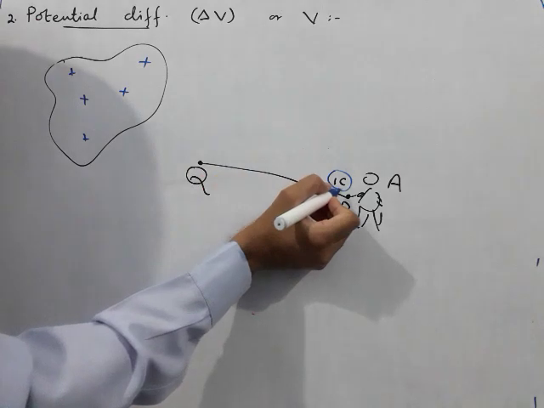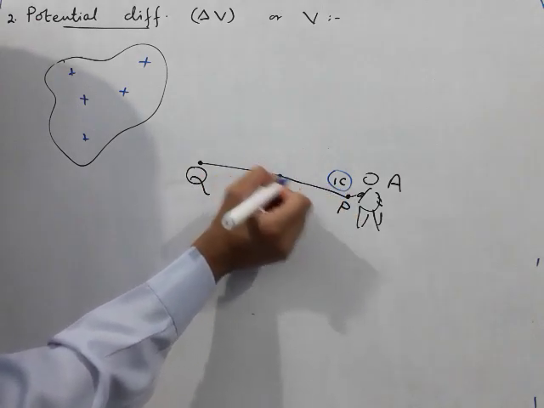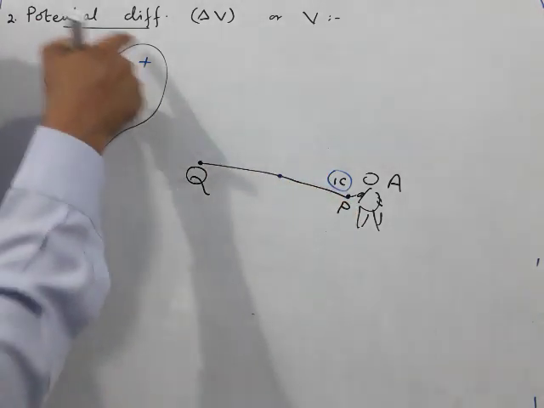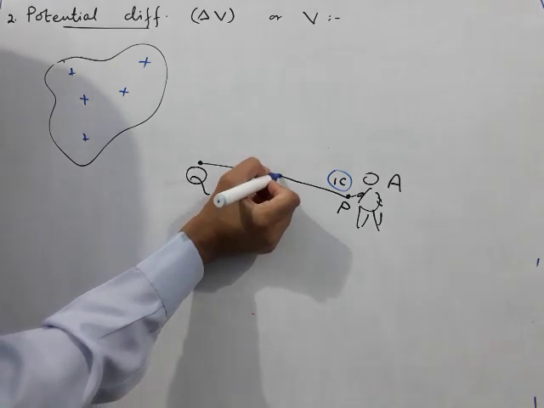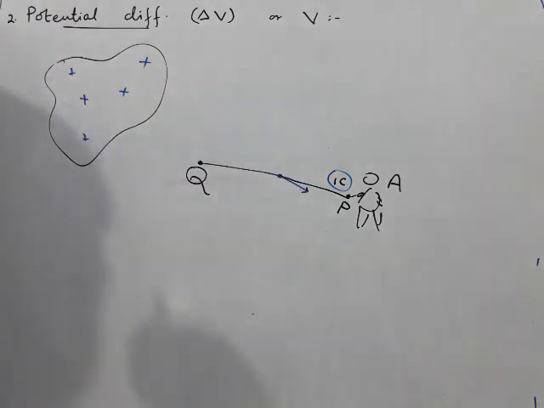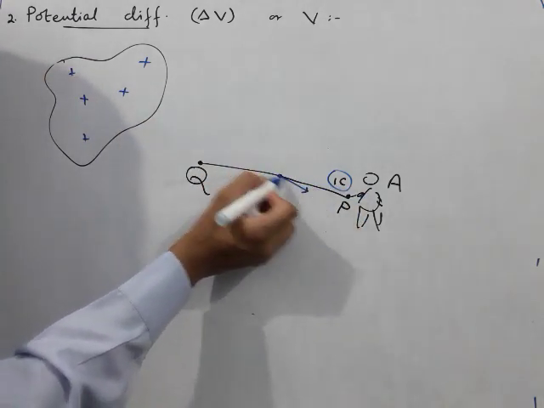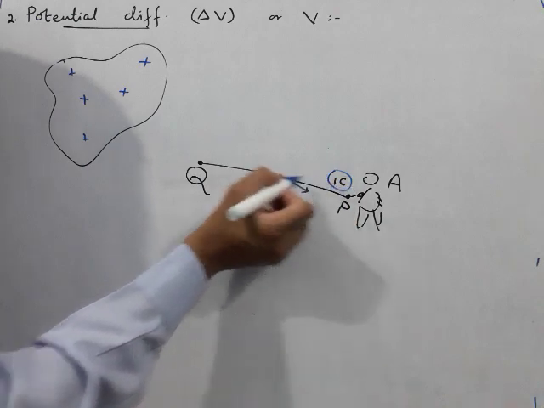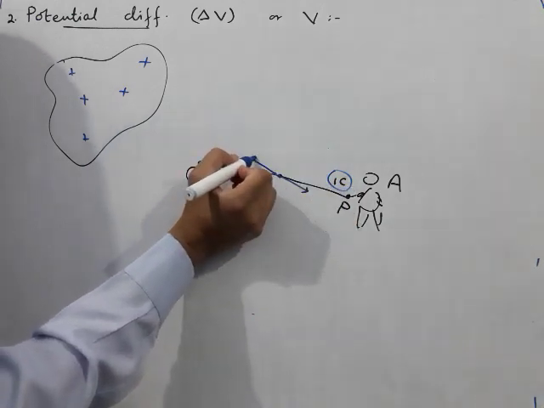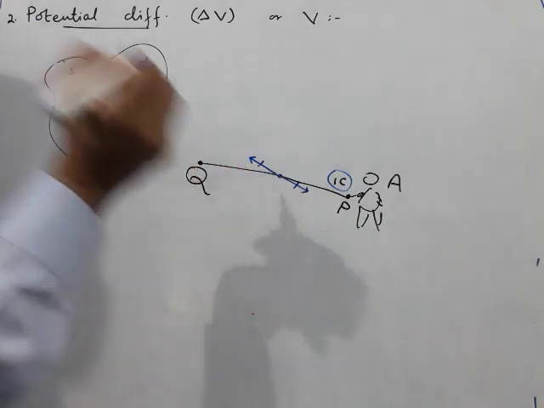Suppose this system of charges exerts a force like so. If the person wants to stand here against this force, this person has to apply force in the opposite direction. Then only these two forces will balance.